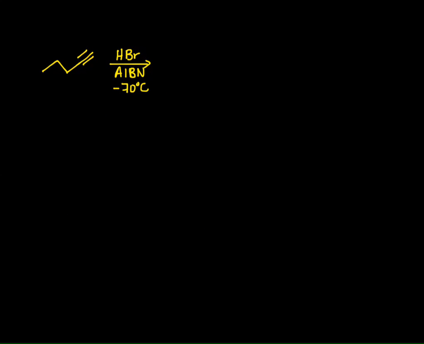And so if I look at some examples, here I have, let's see, this is 1-pentyne reacting with HBr in the presence of AIBN. AIBN we saw in section 2, right, is a radical initiator, so it initiates the production of alkyl radicals, and then those alkyl radicals can abstract a hydrogen and produce a bromine radical.